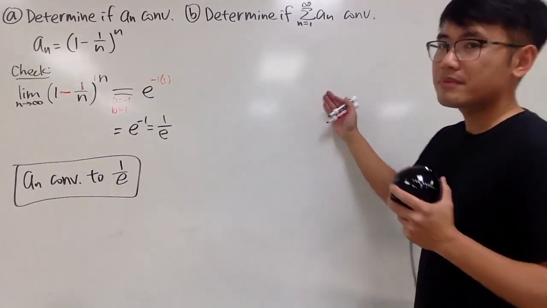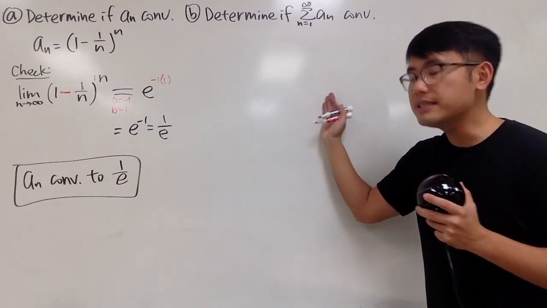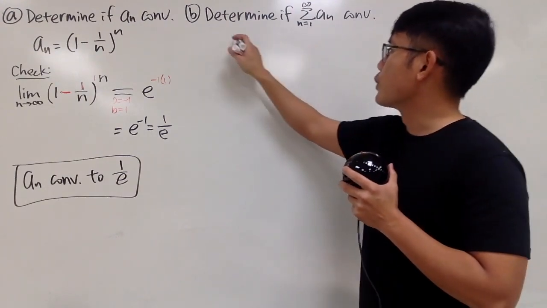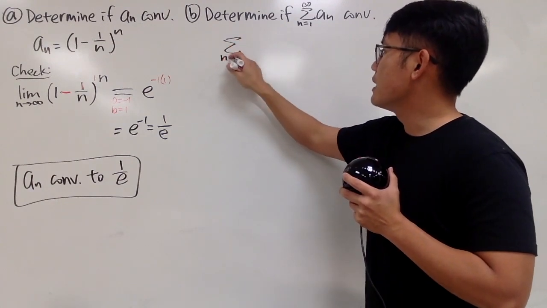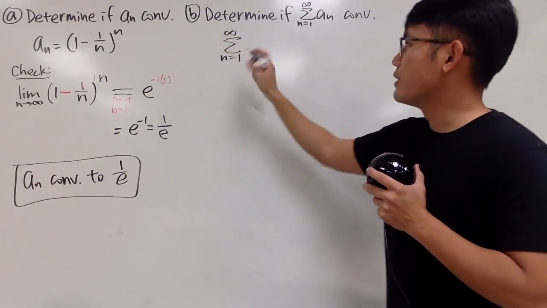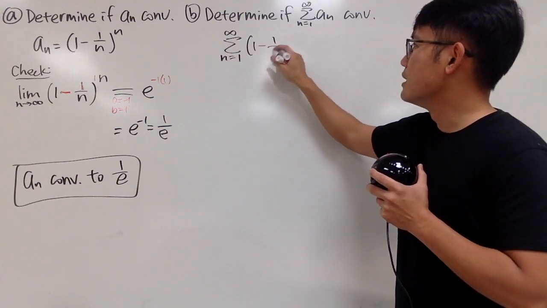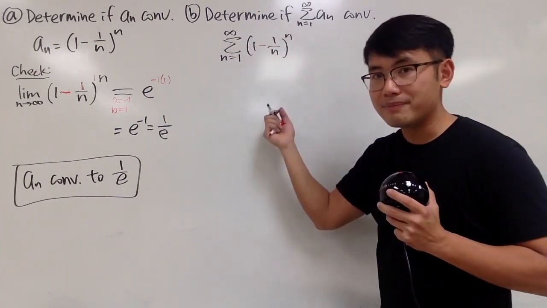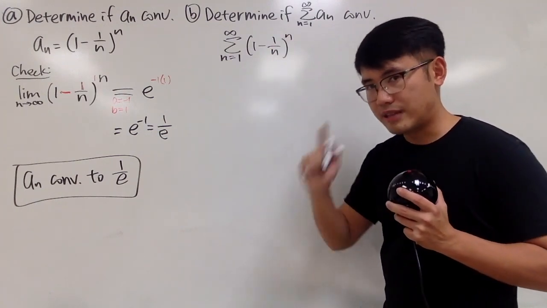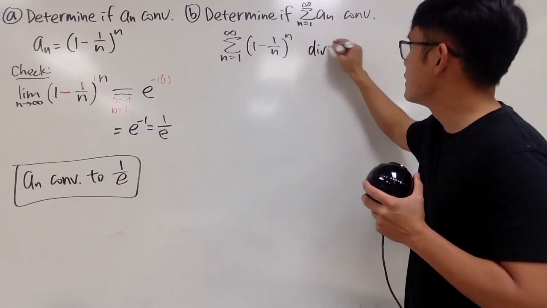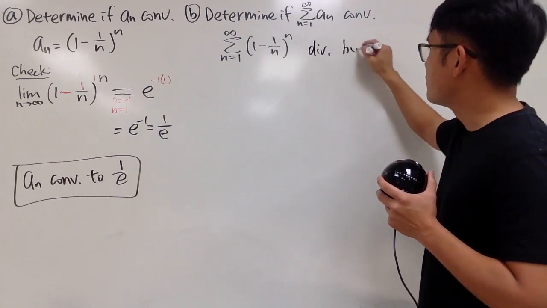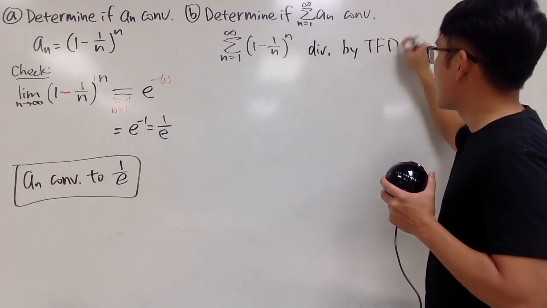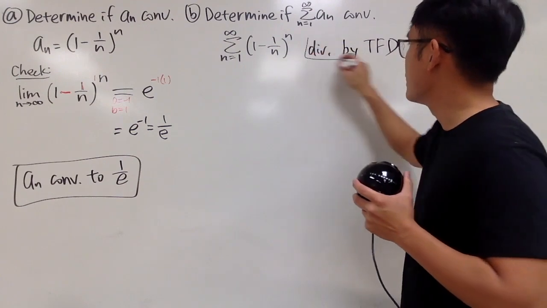Very nice. But again, I would like to write this down for you guys. When we have this question, the sum as n goes from 1 to infinity, and then you put on an here, which is 1 minus 1 over n raised to the nth power. Now this is the summation. This right here diverges. Why? Again, by test for divergence.